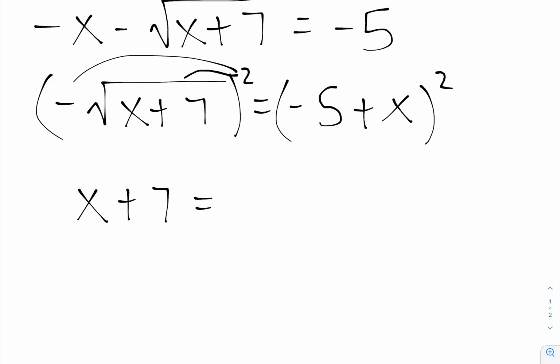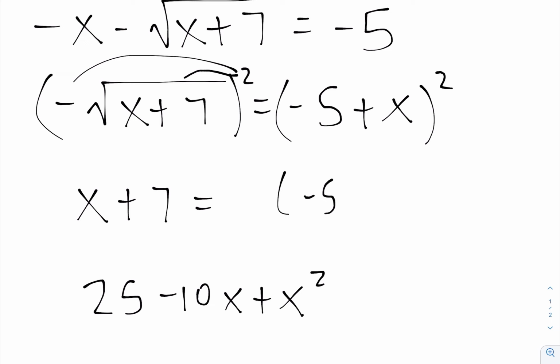In the last step, when we divided by negative 1, we were squaring positive 5 minus x. In this case, it's negative 5 plus x. So before, we got 25 minus 10x plus x squared. If we take negative 5 plus x and we square it, we're just multiplying it by itself.